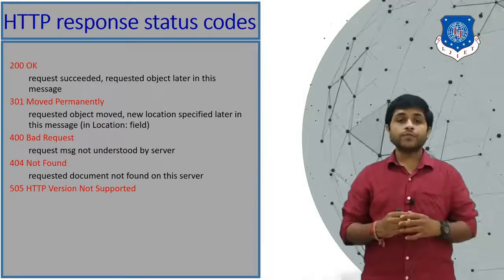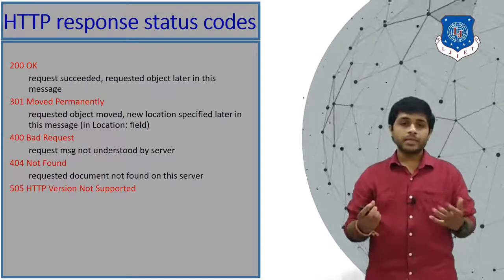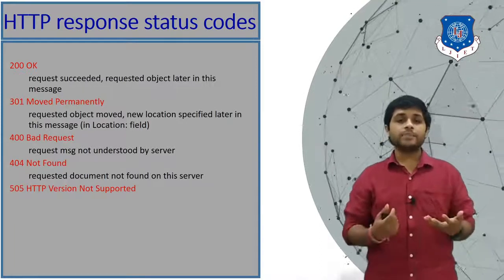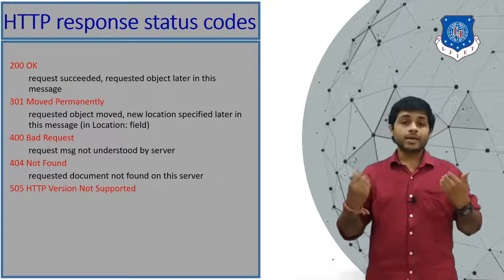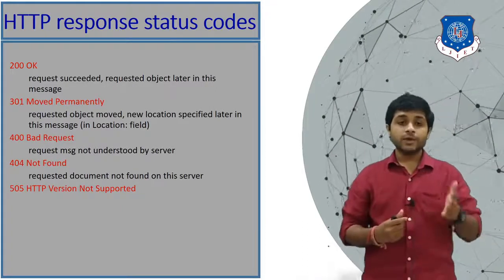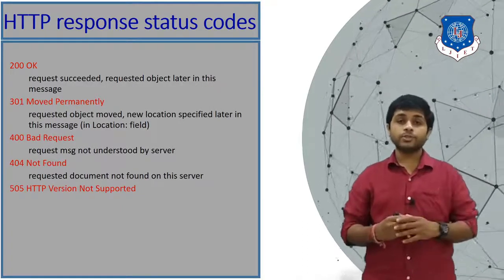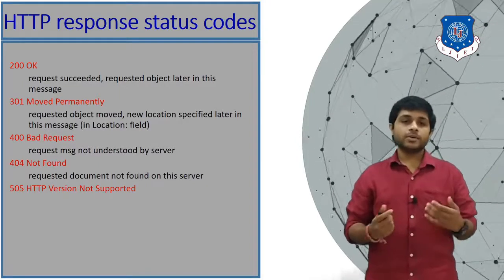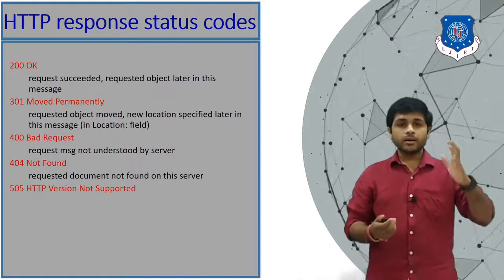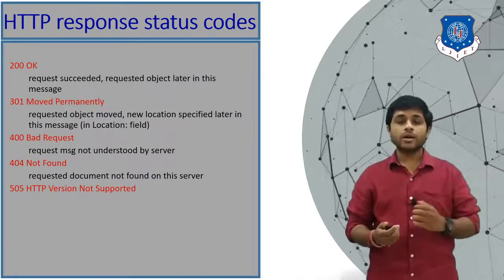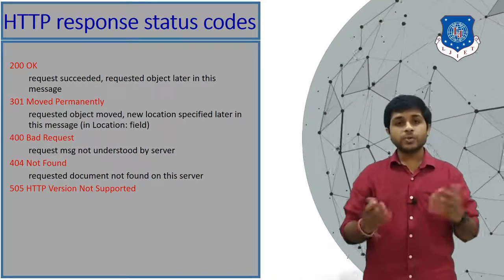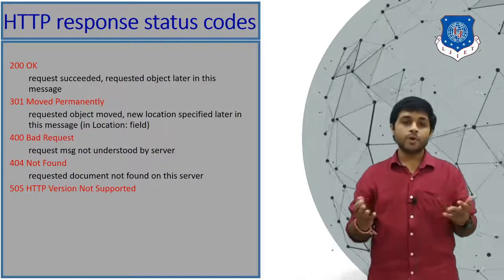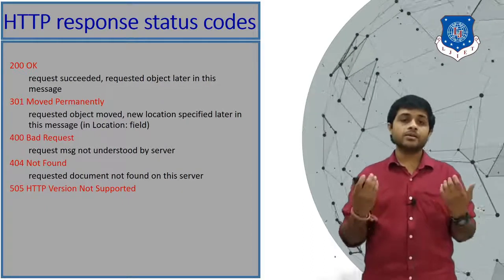If you are receiving 400, it means bad request. It means that the server is not able to understand what you are trying to access. If your computer is receiving 404, which is quite famous, right? It means that the document is not found. So there are many other numbers from which you can understand what type of problem has occurred or what the current status is.